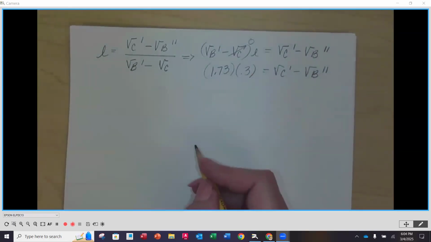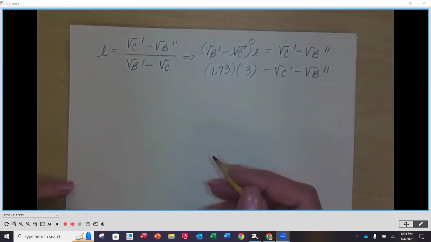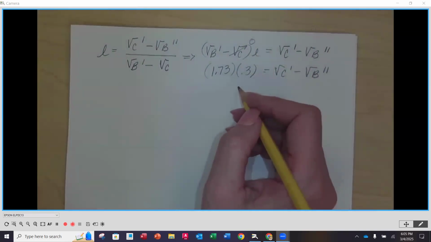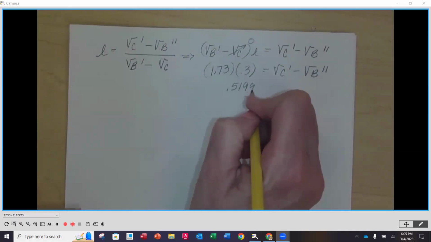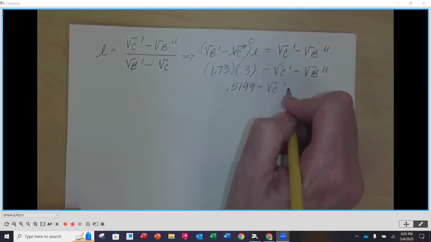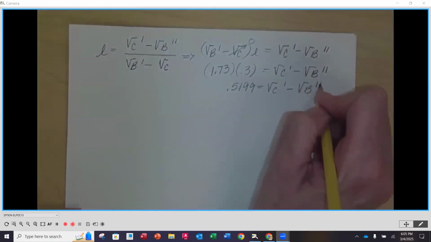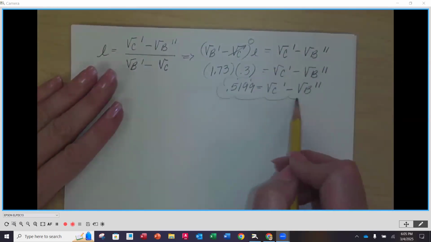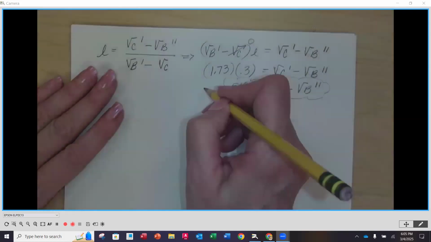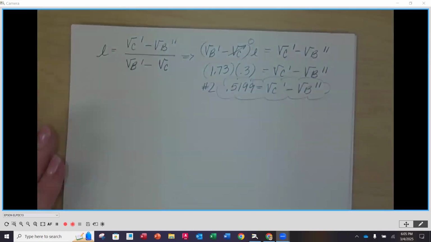Multiplying those together, I get 0.5199 is equal to velocity C prime minus velocity of B prime prime. So now I've got my two unknowns. This is equation number 2.